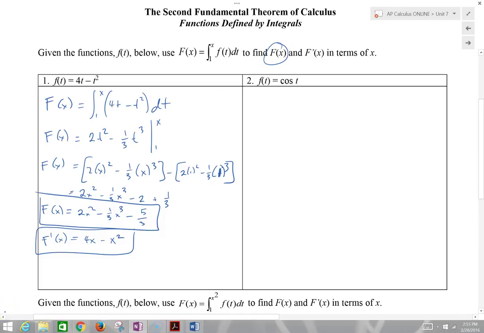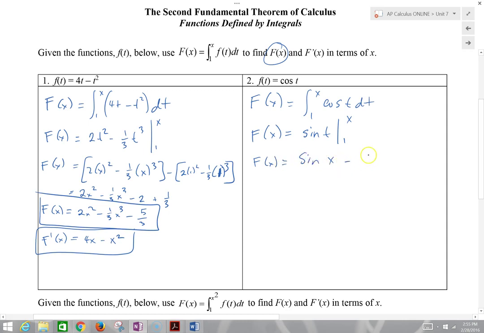Let's try it again. Now we've got F of x is equal to the integral from 1 to x of cosine t dt. We need to find the antiderivative of cosine. And the antiderivative of cosine is equal to sine, evaluated at 1 and x.